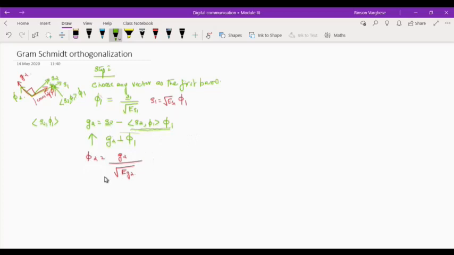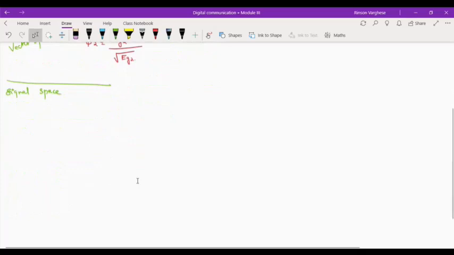This is the procedure. This is exactly what we do in the signal space as well. So this is in vector space. Now in signal space, I have M energy signals.